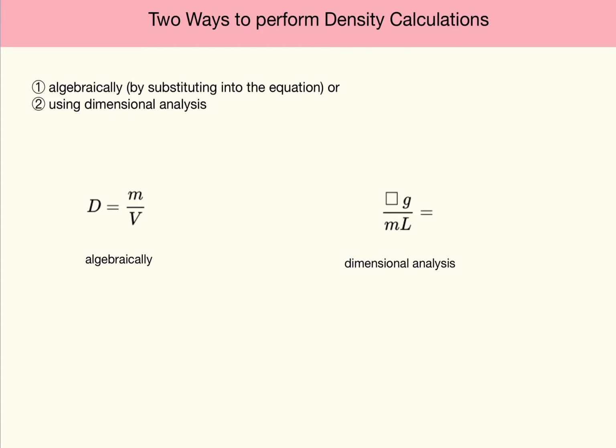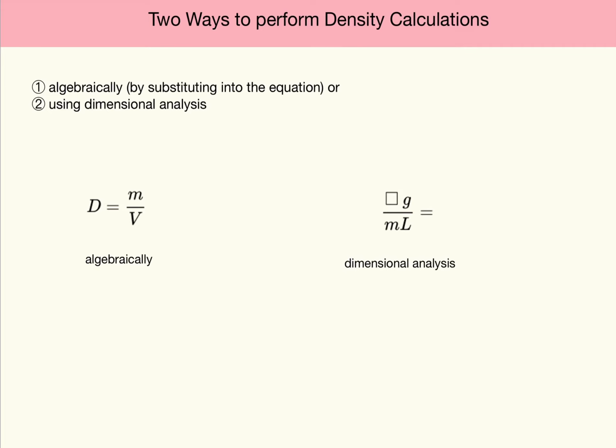Using dimensional analysis, you will set up the equation with the units of density and then perform the dimensional analysis or factor label method against that answer. The unit in science for density, at least in chemistry, is almost always grams per milliliter.